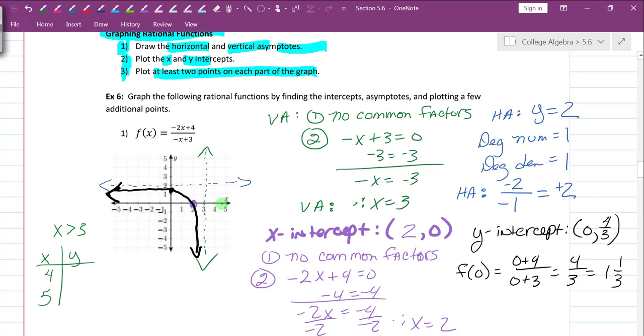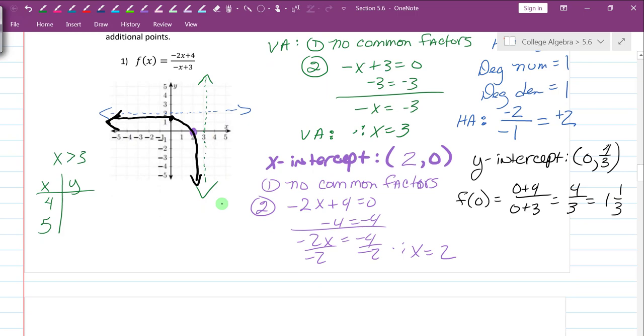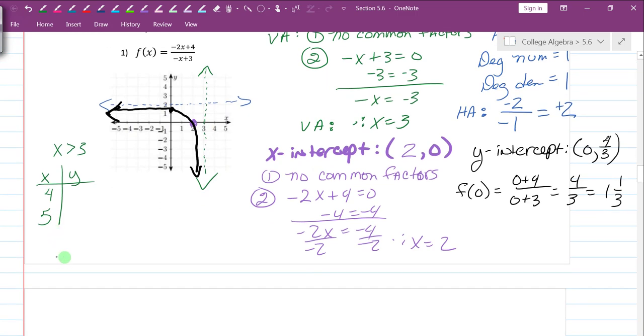I'm choosing whole numbers 4 and 5. So I literally am going to evaluate what is f of 4. So that's going to be -2 times 4 plus 4 divided by -4 plus 3.